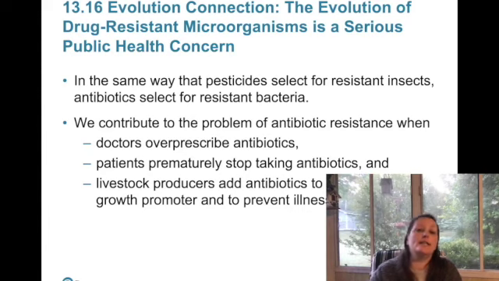Because just like the insects with the pesticides, what happens? First batch of antibiotics kills off the absolute weakest of this infection. And then the next little bit is killing off the next batch. You have to take enough antibiotics to 100% kill all of it in your body. 100%.